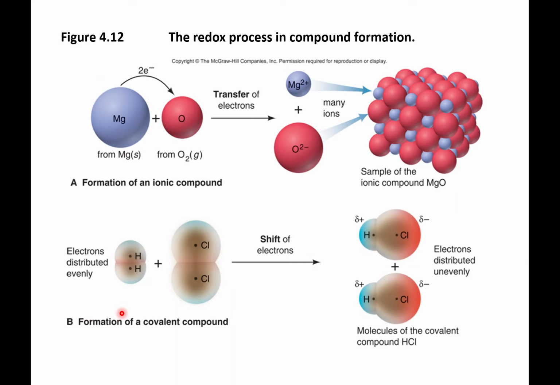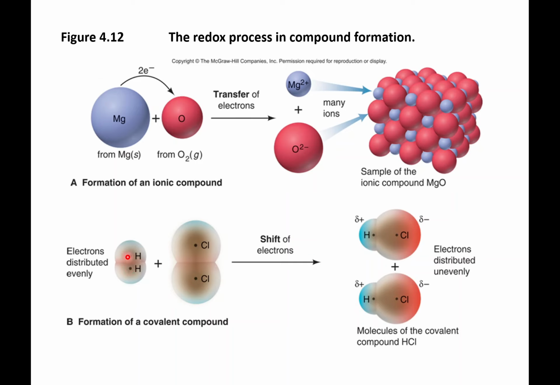In covalent compounds, in covalent reactions, you can still have a loss or a gain of electrons, a transferring of electrons, but it might not be as obvious. So in this reaction, we have H2 and Cl2, and their electron distribution is shown as non-polar covalent, right?